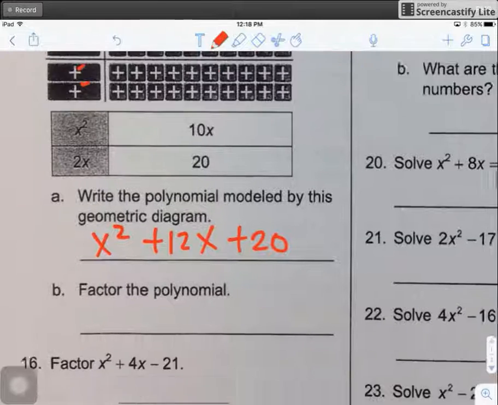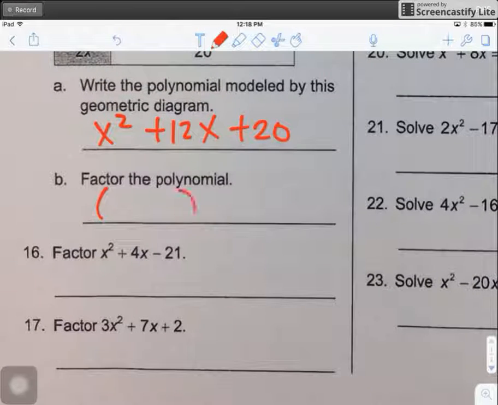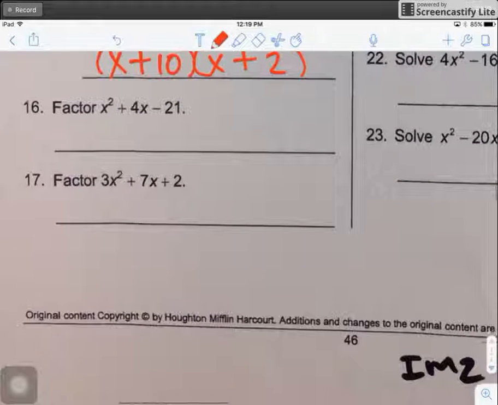And then factoring the polynomial, we're just going to turn this into two parentheses. The last sign is positive, that means they're the same, and they're both positive. We have x and x. And then two numbers that multiply to get 20 and add up to 12 are 2 and 10. So therefore, you factor this into x plus 10 and x plus 2, and that would be the factorization.